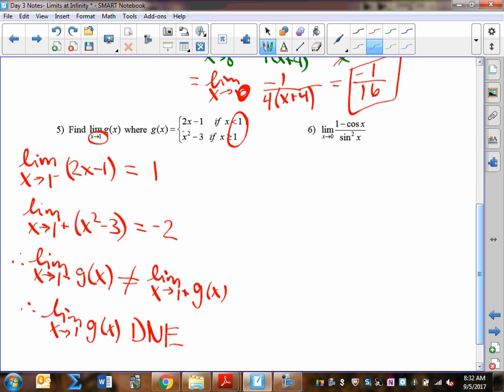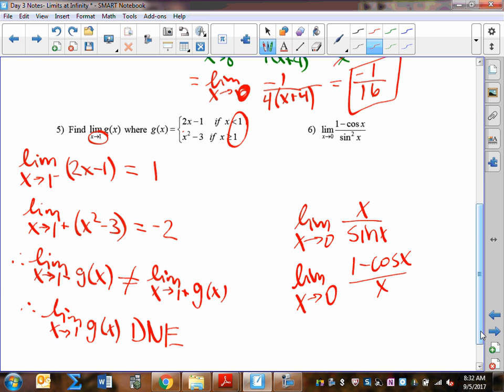So we know from our notes last class that we have the limit as x approaches 0 of x over sine x, or we could flip that, or the limit as x approaches 0 of 1 minus cosine x over x, or cosine x minus 1 over x. But the issue here is that we don't have the x that's necessary for that, right? We could try multiplying by something here, but there's something else that we could actually do.